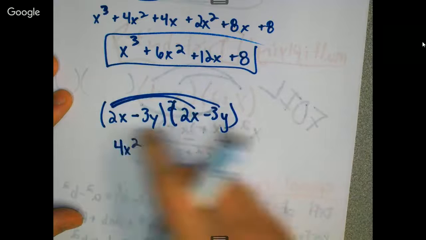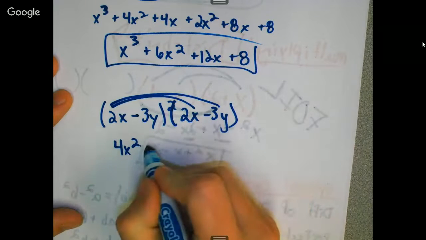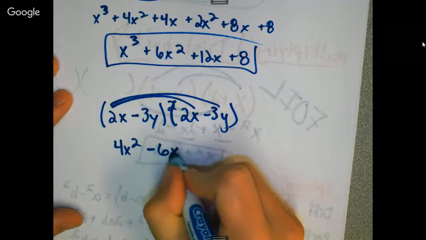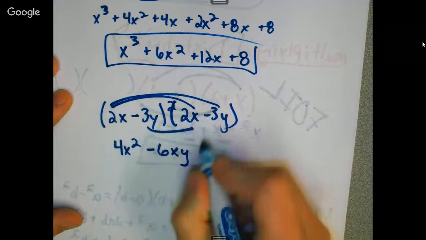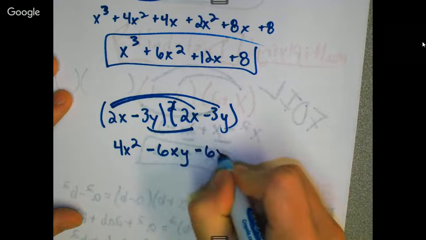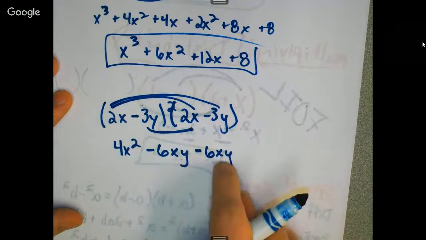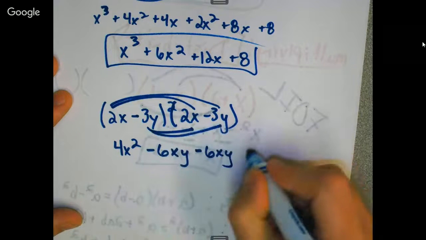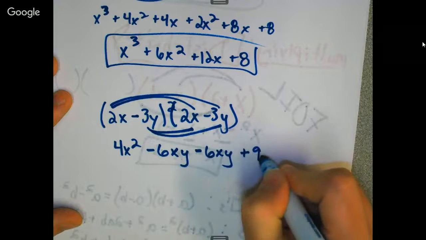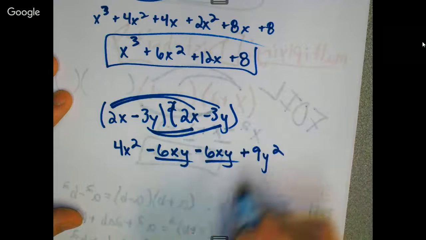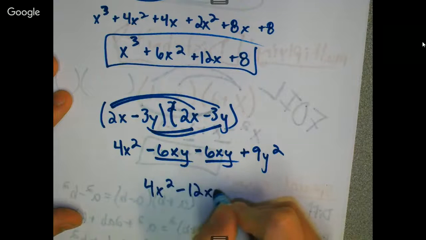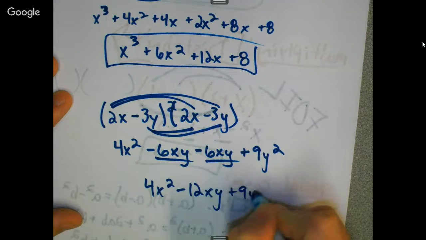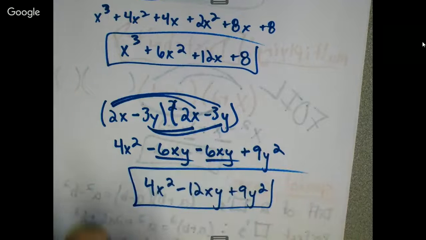You have 2x times negative 3y, it's minus 6xy. You have negative 3y times 2y, that is negative 6xy. And the order of these letters does not matter. So then you have plus 9y squared. Still have like terms, so you have 4x squared minus 12xy plus 9y squared. And you are finished.